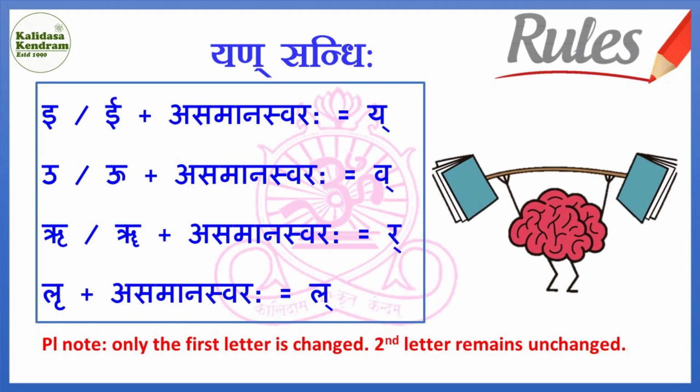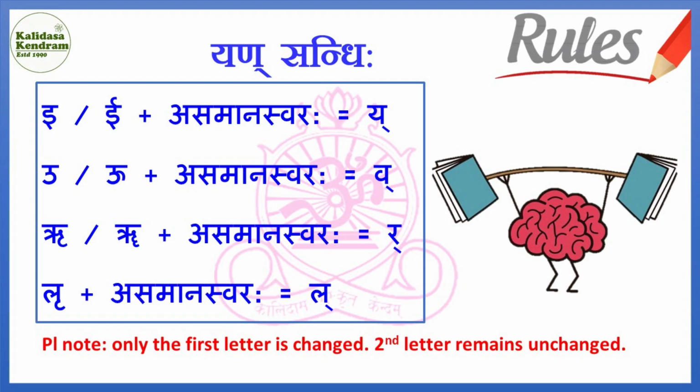Yan Sandhi. There are 4 rules in this. I or Ee plus asamana swaraha is equal to Ya. What we can understand, Yan Sandhi means Ya, Ra, La, Va. These 4 alphabets are formed through this Sandhi.